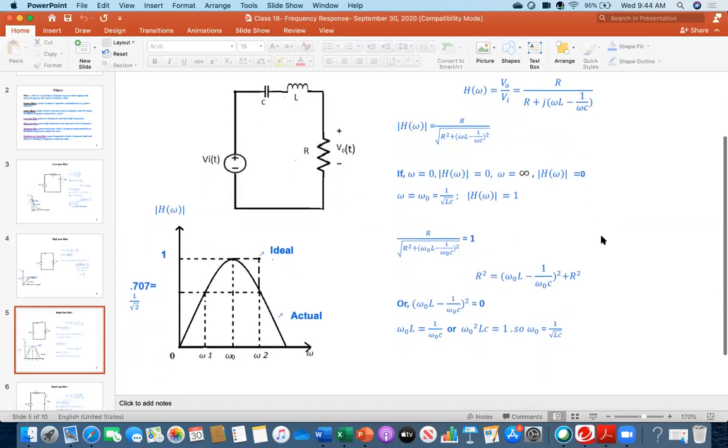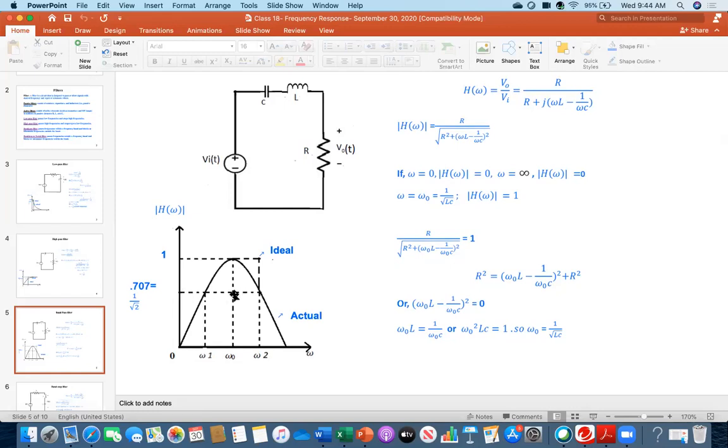Yes. In this case, later in the problem, we will find out these points, omega 1 and omega 2, and see that they correspond to 0.707. And as I said, in the next class we will look at series resonance and parallel resonance.